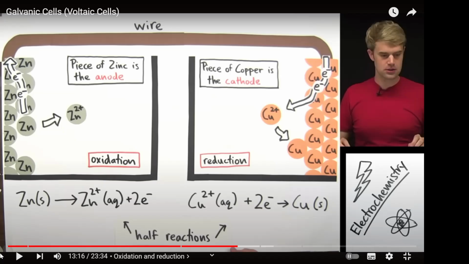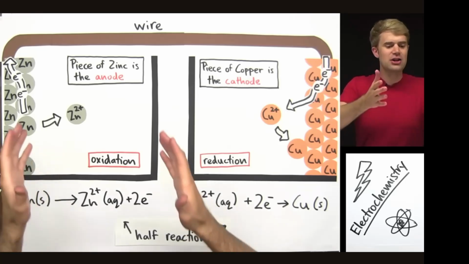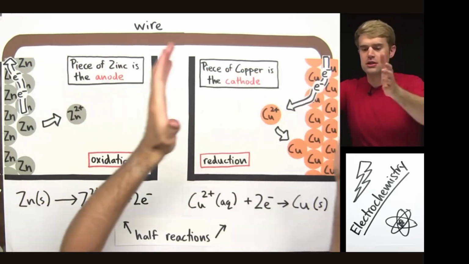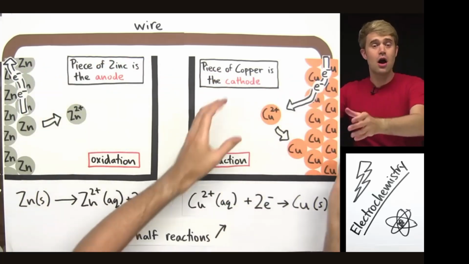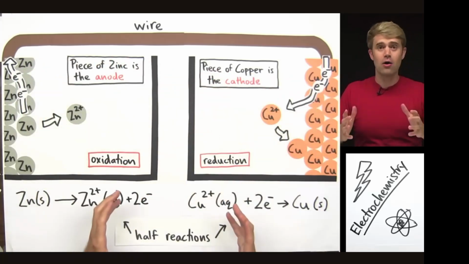So we've actually physically separated the oxidation from the reduction, which is so cool because then the electrons have to go through the wire, and then we can harness that electricity. Love it. So exciting.